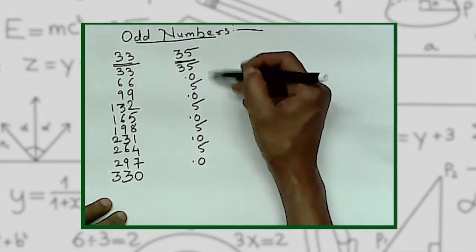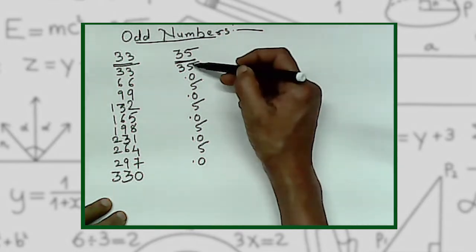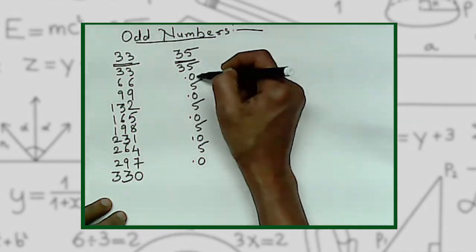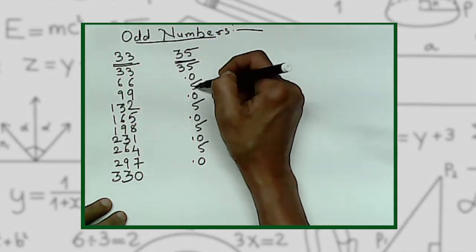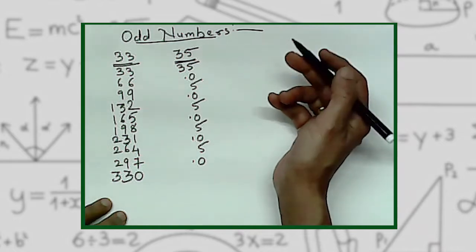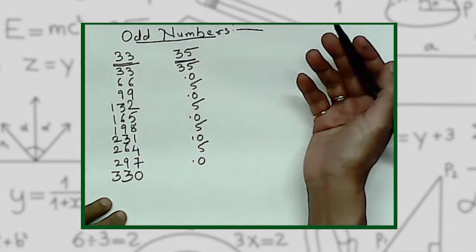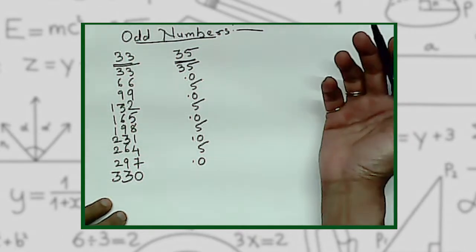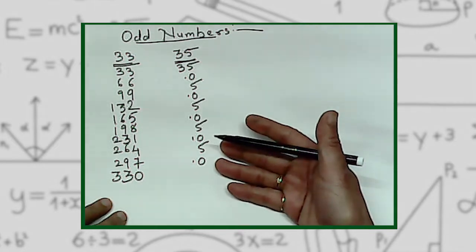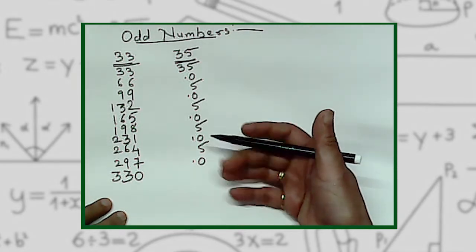No need to calculate or add 5 plus 5, because 5 plus 5 is 10, so .0. 5 plus 0 is 5. 5 plus 5 is .0. So there is no need to waste your energy or your time in calculating. You can directly write .05, .05, .05.